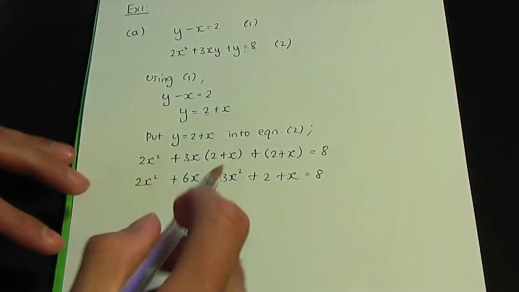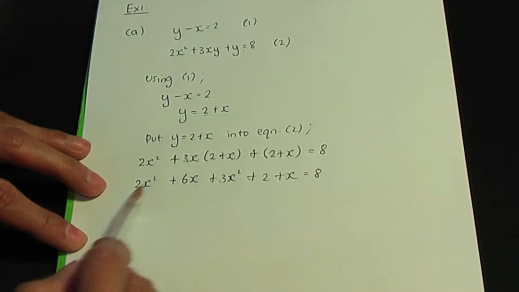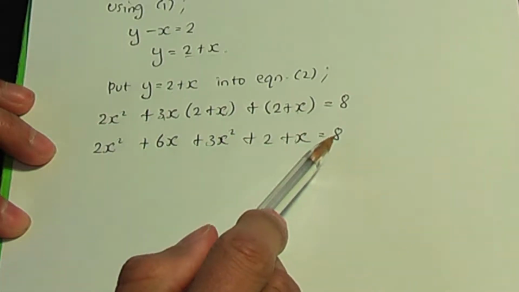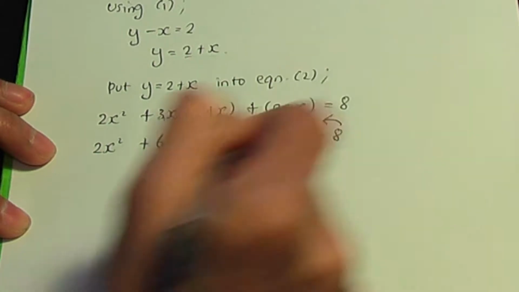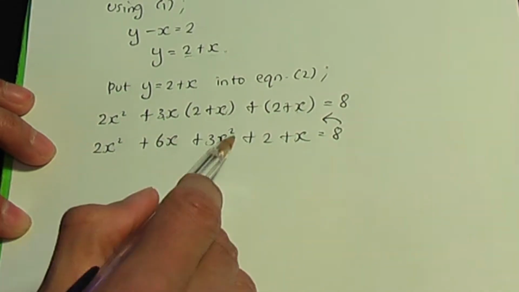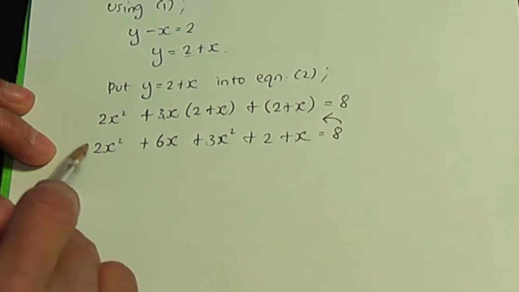So in this case, let's try and make a quadratic equation. If we take all of the terms to the left hand side, so if I take the 8 to the left hand side, and let's simplify and add the like terms.